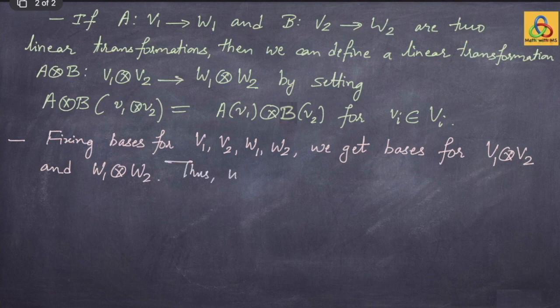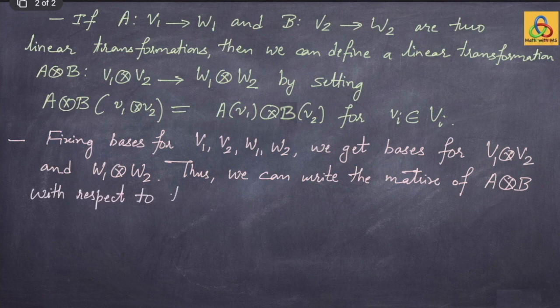So once we have bases, and A tensor B is a linear transformation from V1 tensor V2 to W1 tensor W2, we can write down the matrix for A tensor B with respect to the bases of V1 tensor V2 and W1 tensor W2.